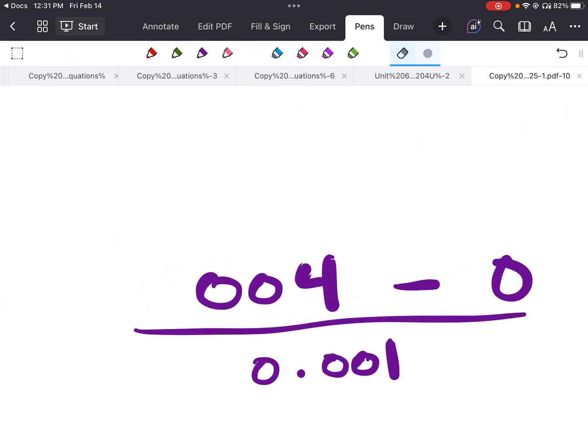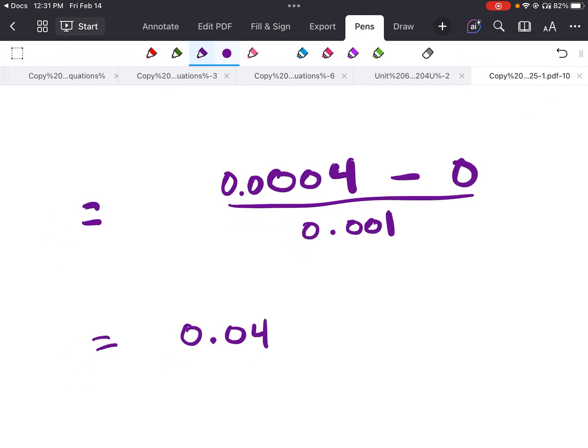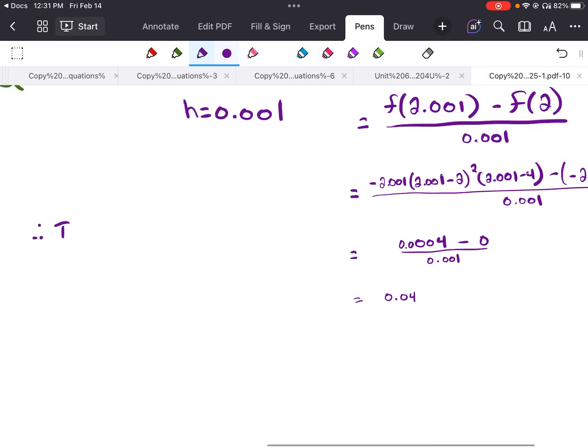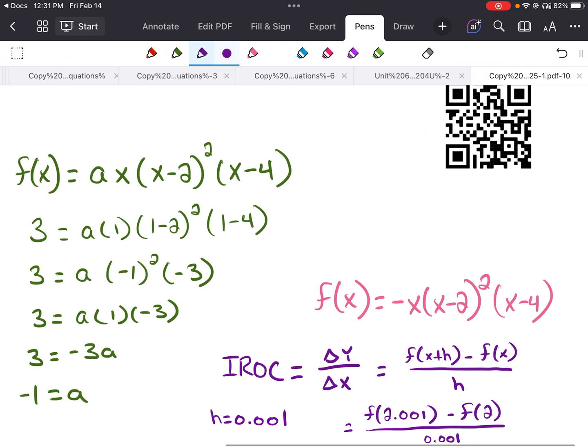So I think I didn't add enough zeros up here. Okay, so very close to 0. So we can say, therefore, the IROC equals 0.